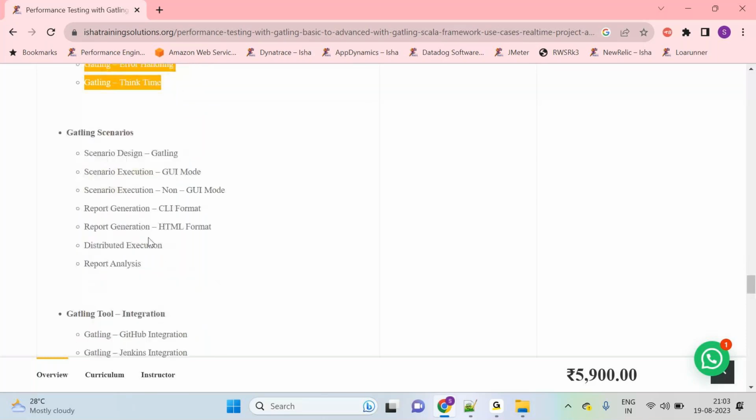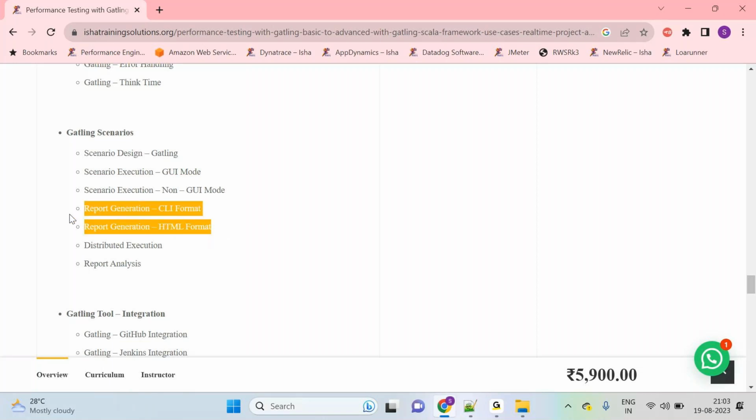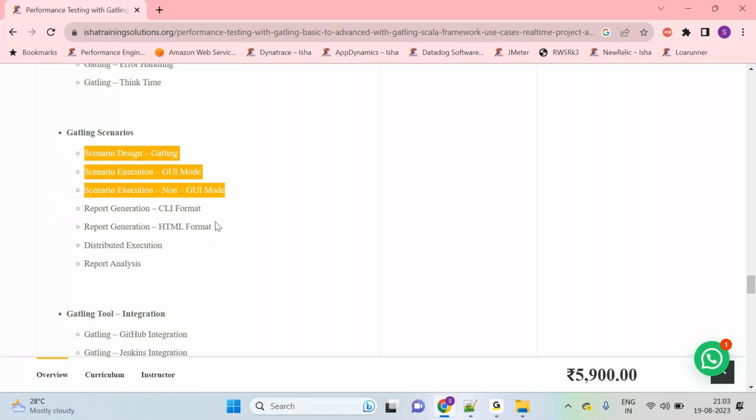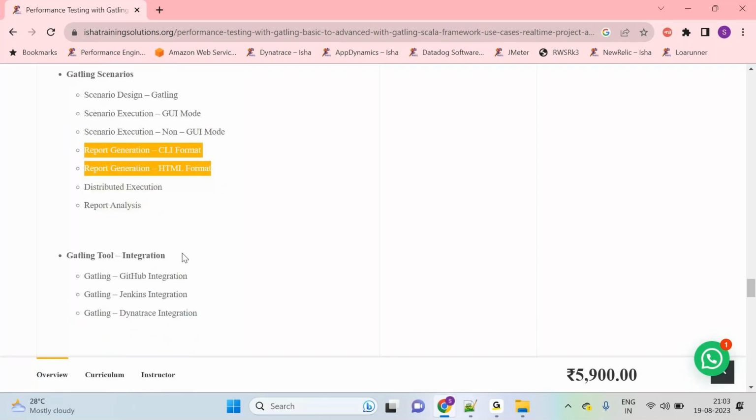And then Gatling scenarios is nothing but how you are going to write or design your individual scenarios, and whether you do it in GUI mode, non-GUI or CLI mode, or HTML mode for the report preparation. For scenarios, we are going to have the basic understanding, and on the report generation side, a certain understanding.